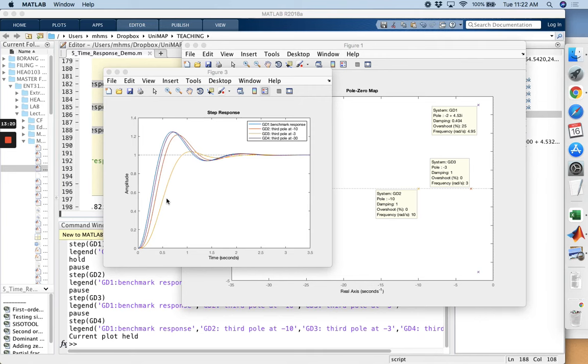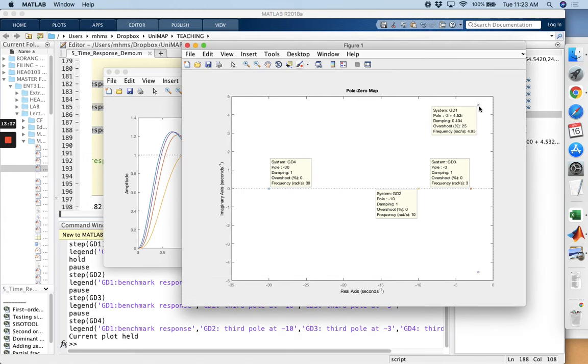I repeat again, for the yellow plot here, the yellow plot is actually a third order system. What does it mean by third order system? It has 3 poles: 1, 2, 3. The poles are located at negative 2 plus minus 4.53i, and the third pole is located at negative 3.